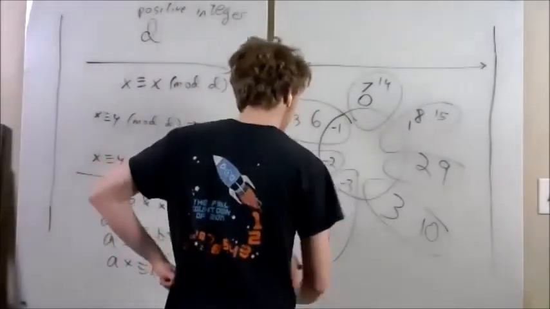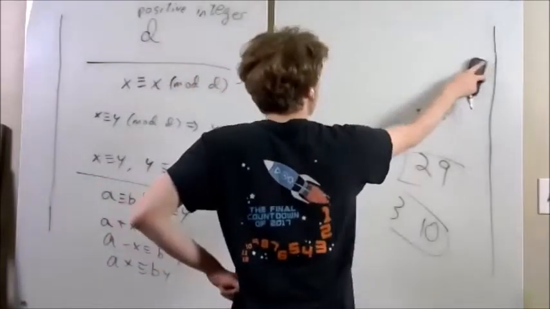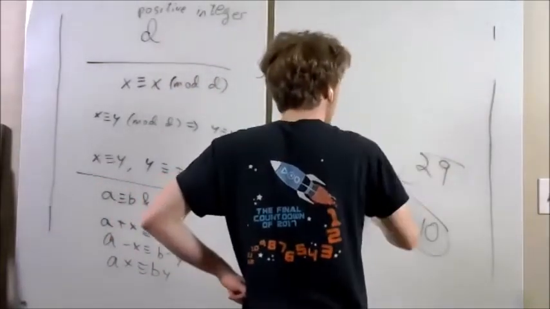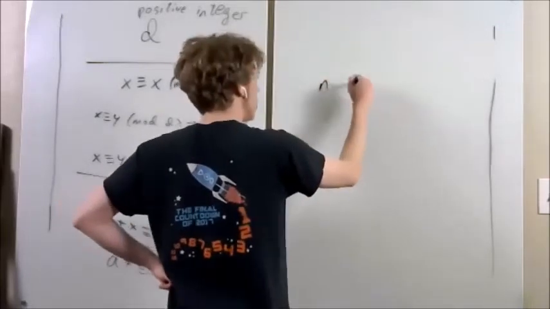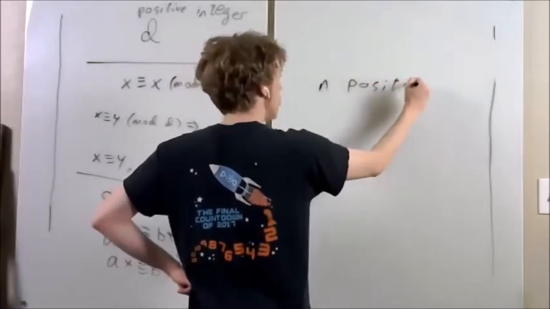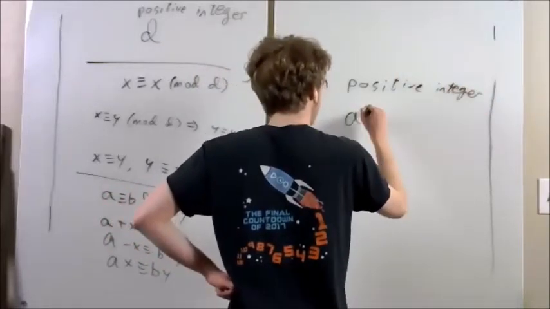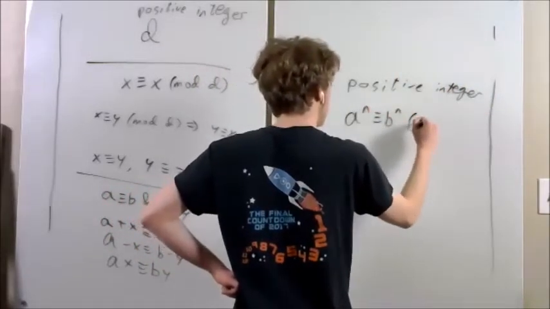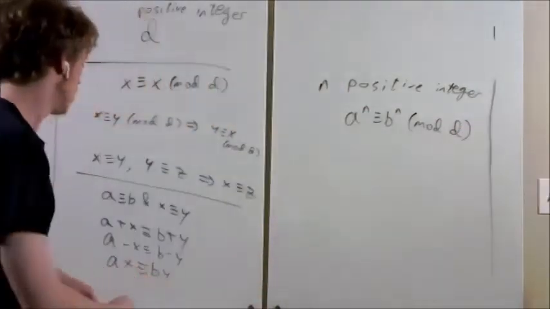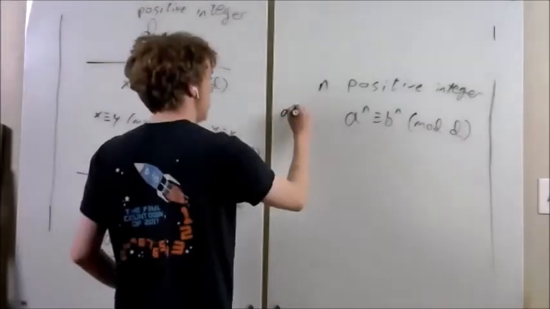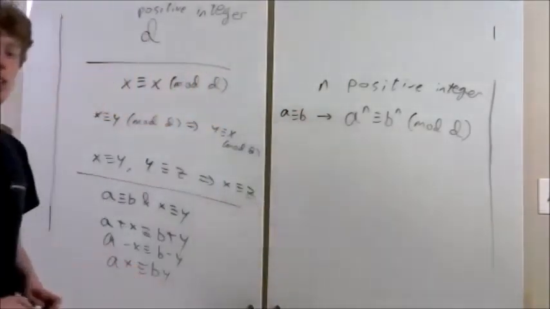Also, if I raise one of these congruences to any positive integer power, say n, then a to the n is congruent to b to the n mod d, if you have a congruent to b mod d. So yeah, it has a lot of properties.